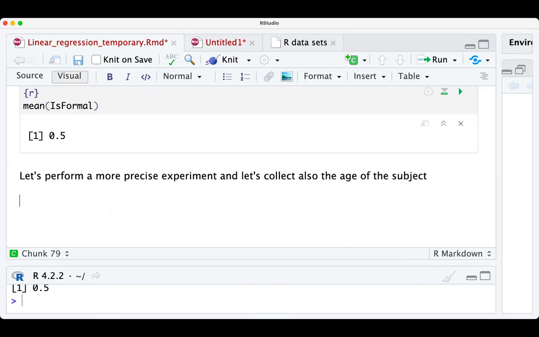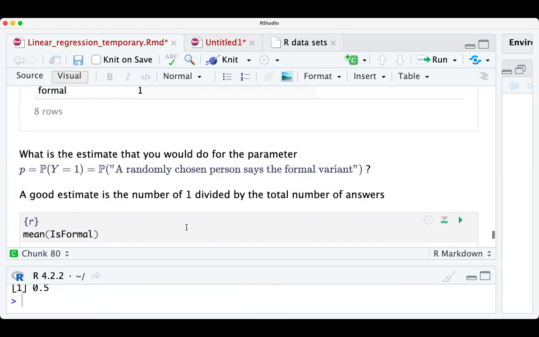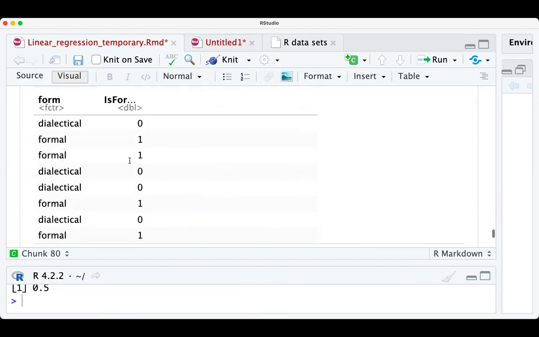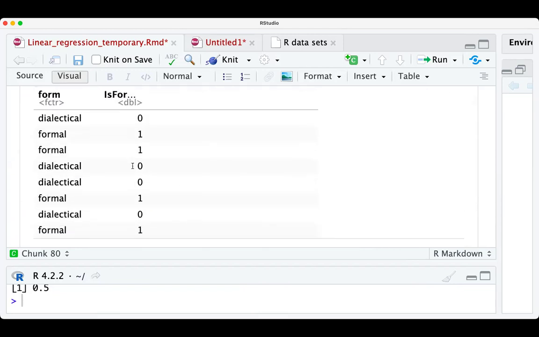So now we will have another row in the data, with numbers that I won't put carefully. I will put that the dialectical form was used mostly by young people.